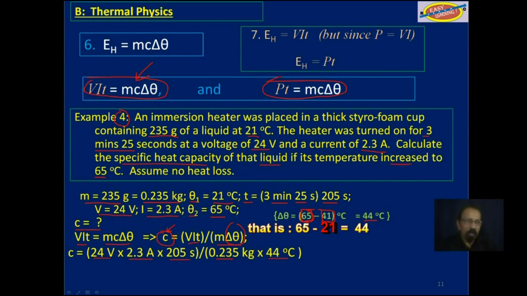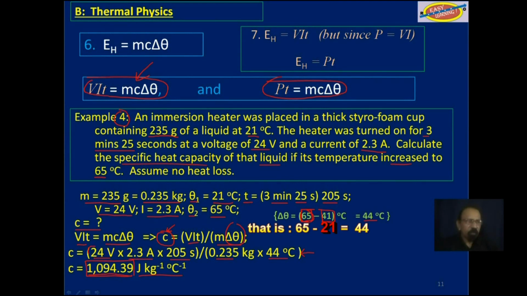When we put all of that in our calculator, we get 1094.39 joules per kilogram per degree Celsius. Of course, we cannot leave that answer as is. If you do, CSEC will deduct a mark for having too many significant figures.